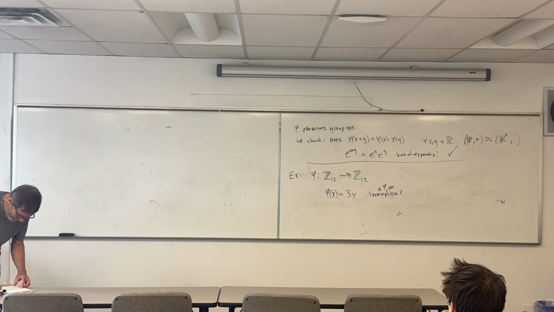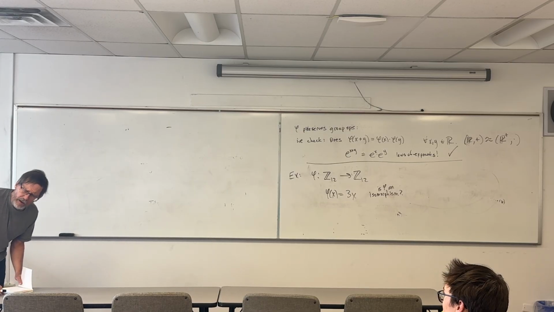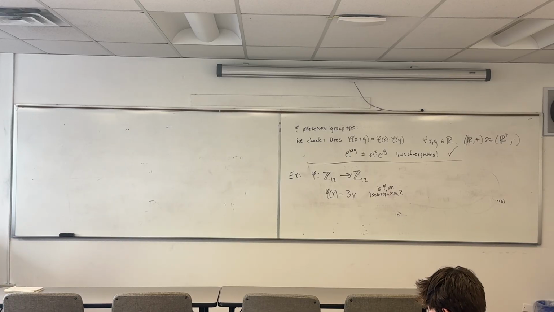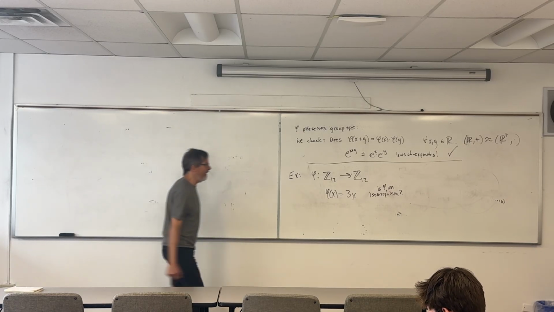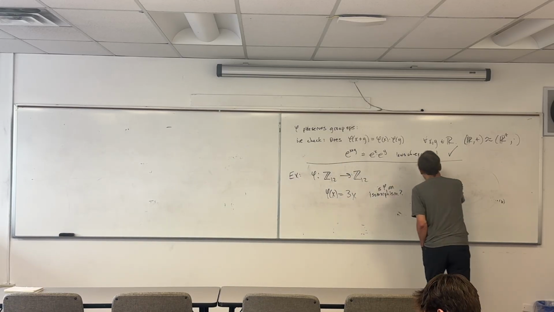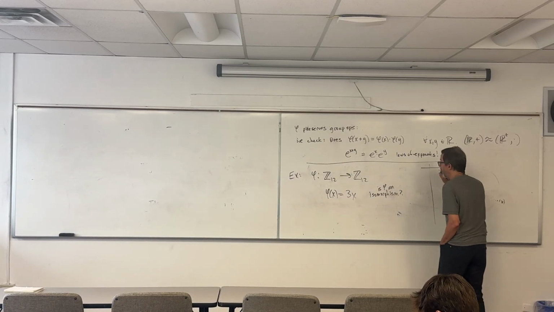Isn't it failing onto? Yeah, it is. Tell me more. Well, you can't hit everything in Z12 with 3x, so it can't be onto. You just hit the multiples of 3. That's not everything in Z12. Yes, exactly. And so we could make a nice little table here.